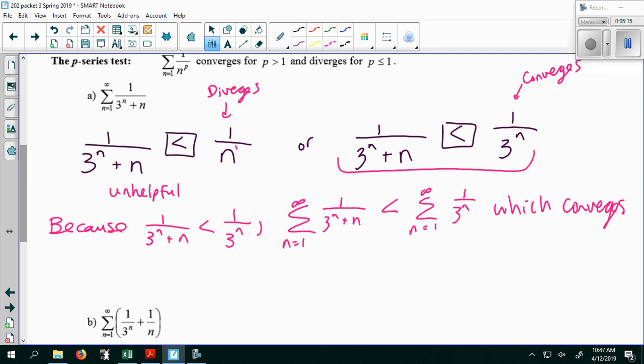So my sum is smaller than a convergent sum, so it must also converge. Thus, the sum from n equals 1 to infinity of 1 over 3 to the n plus n also converges.